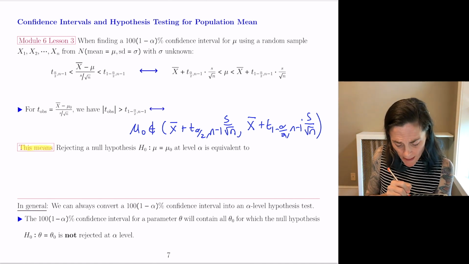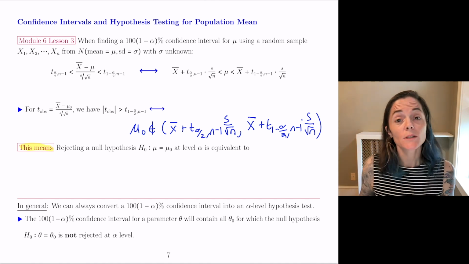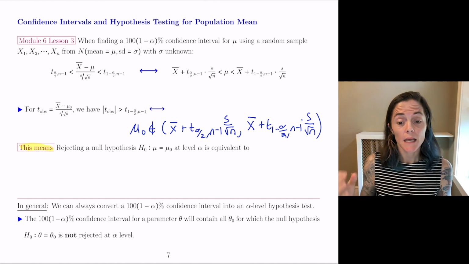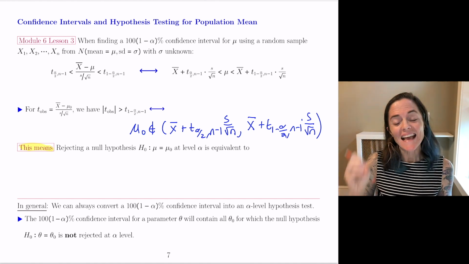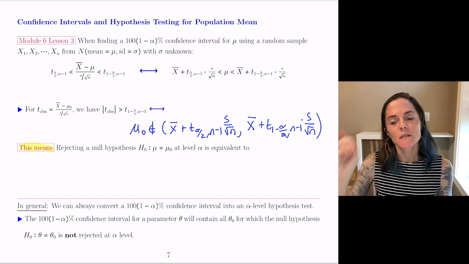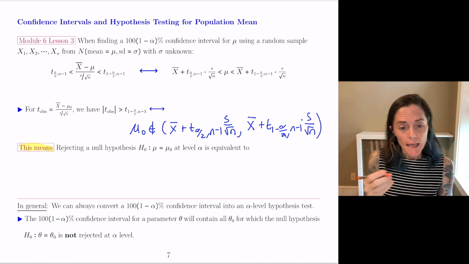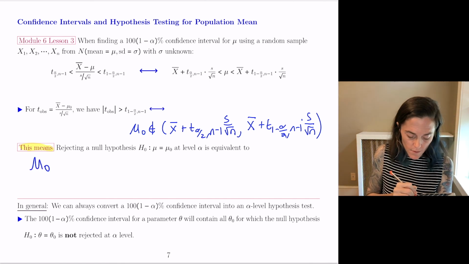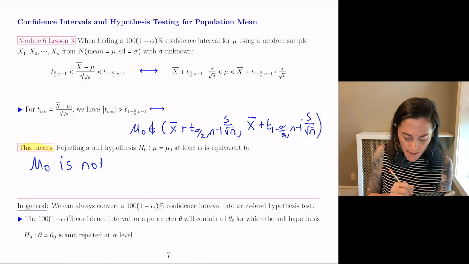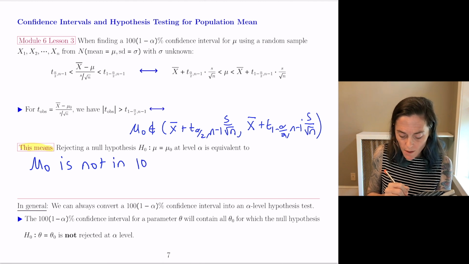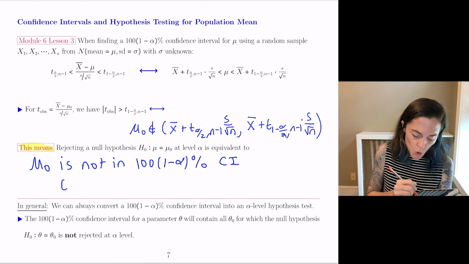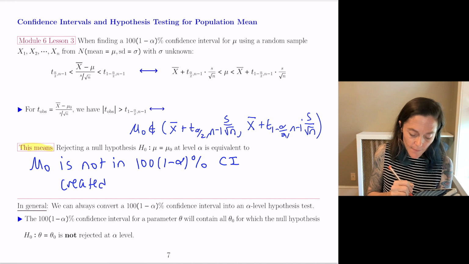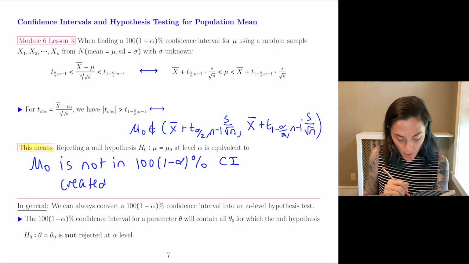Equivalently, we go back to our discussion of hypothesis testing: rejecting the null, that mu equals mu 0 at level alpha, is equivalent to mu 0 not being in the 100 times 1 minus alpha percent confidence interval, which is created using our sample.